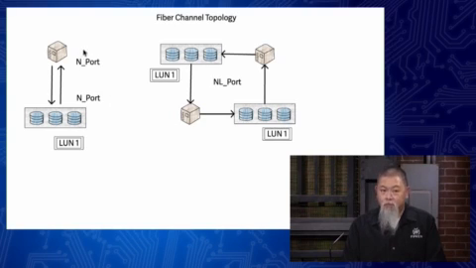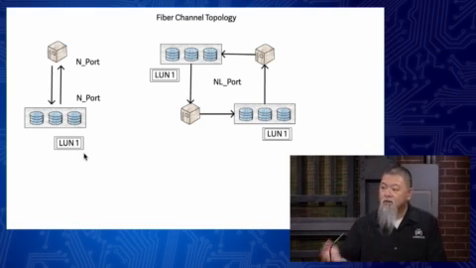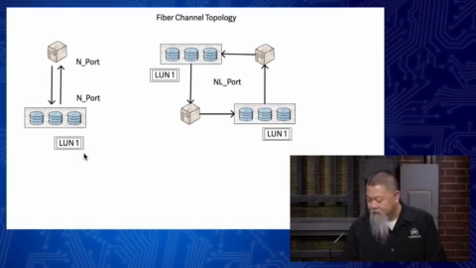If I have that point-to-point connection, I can create the same LUN over here as well. It doesn't matter whether it's point-to-point, arbitrated loop, or the switched fabric. LUNs can be created across them, as well as with SCSI, which we talked about, okay?